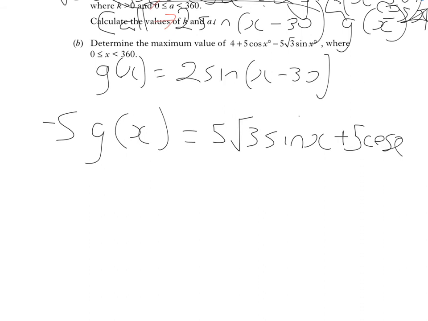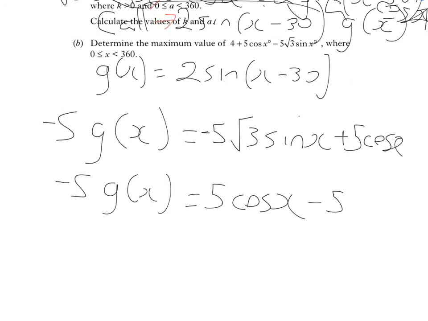I could then rewrite that as minus 5 g of x equals 5 cos x minus 5 root 3 sin x.